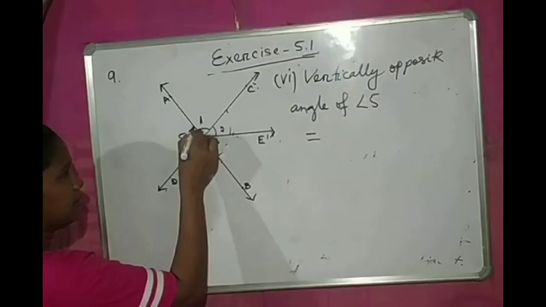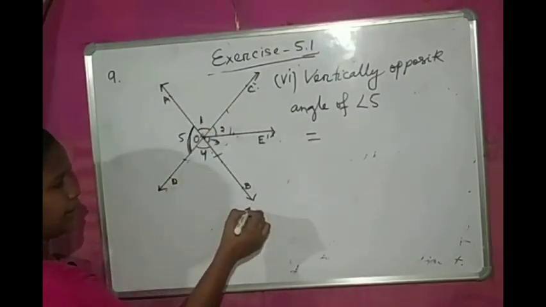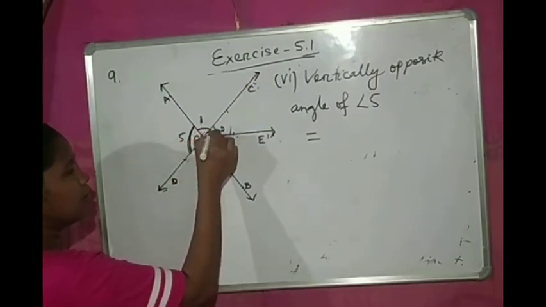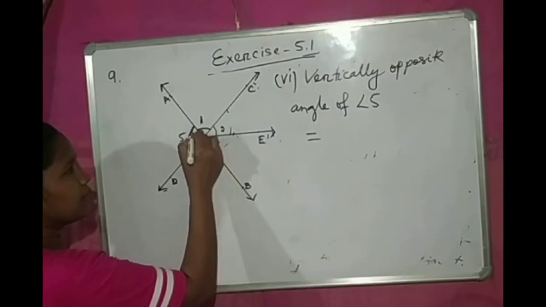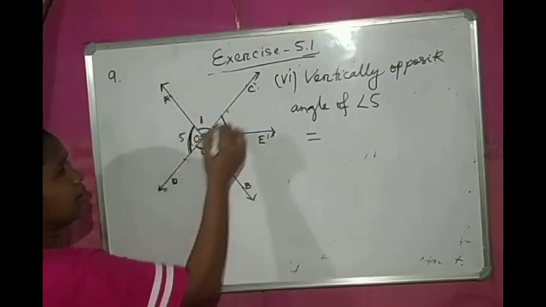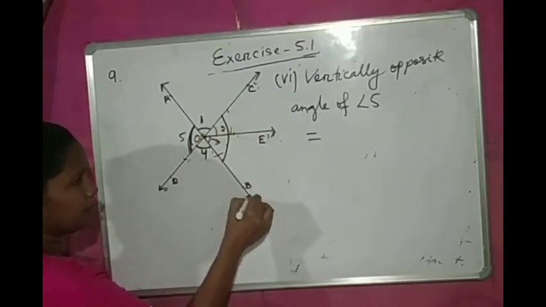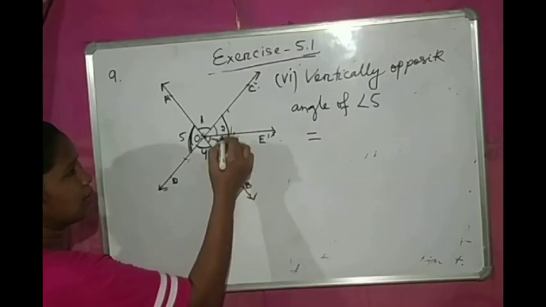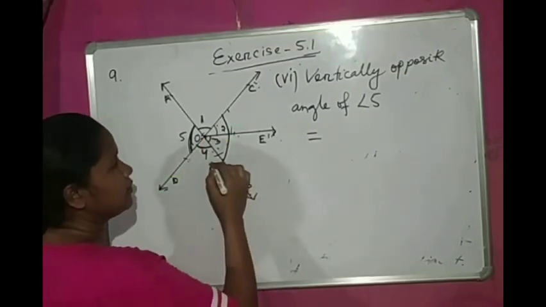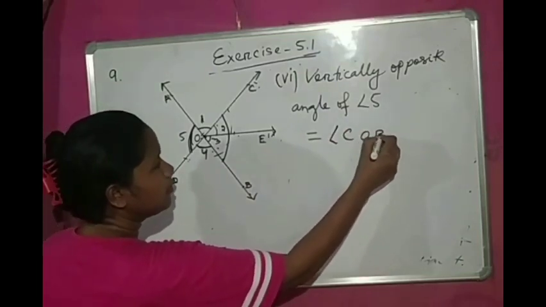This angle is formed by the intersection of two lines AB and CD. The vertically opposite angle of 1 is 4. So angle 5 is this portion, angle AOD, and its vertically opposite angle is angle COB.